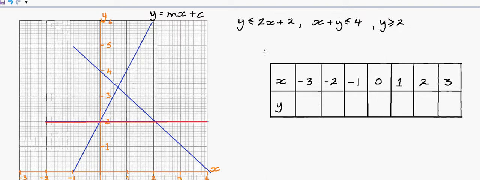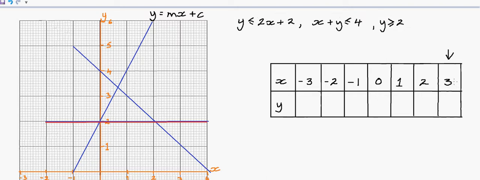Okay, so now we've got to put in these 2 slopey lines. So y equals 2x plus 2. So remember, always start with your biggest positive. So y equals 2x plus 2.